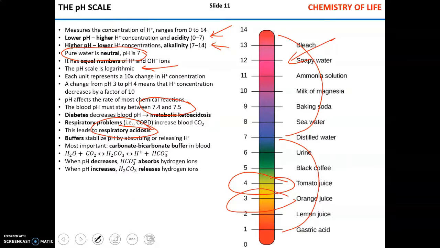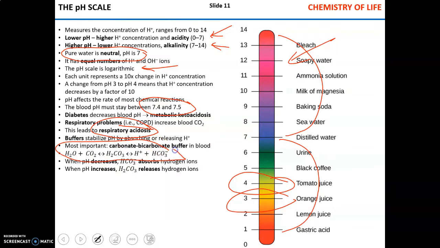Now, in the human body, there are buffers. The term buffer reflects a solution that can stabilize the pH by absorbing hydrogen ions or releasing hydrogen ions. The most important buffer in the blood is the carbonate-bicarbonate buffer. Here's the chemical reaction.